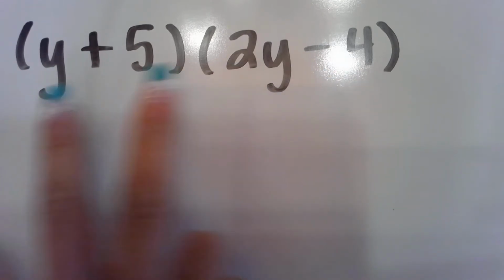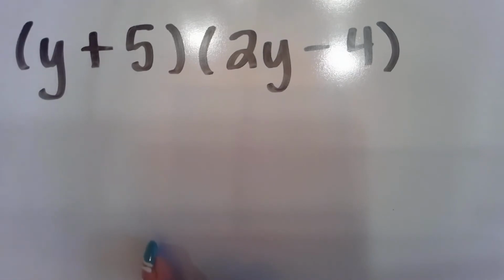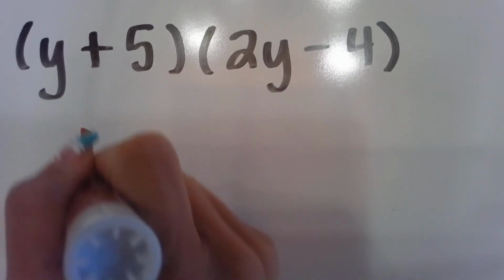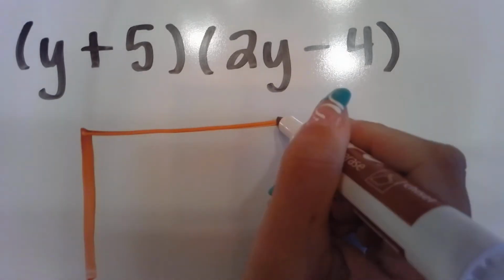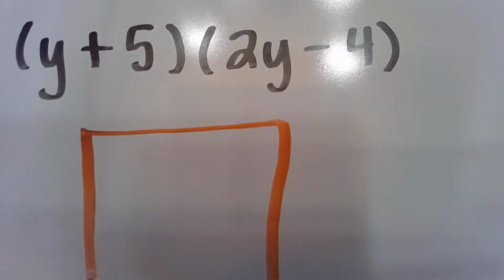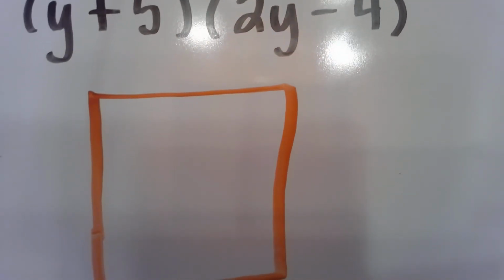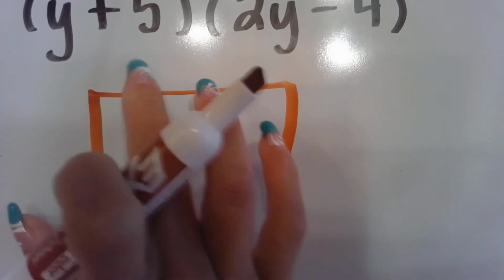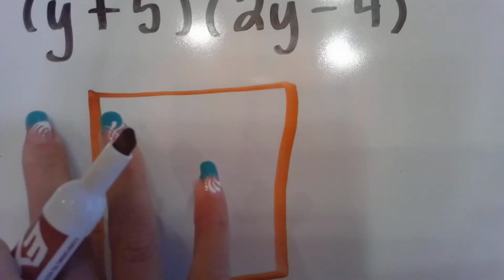Okay, so I have a binomial and a binomial. So I'm going to draw my box. And I'm going to make sure that it is big enough that I can write in my two pieces here and here and here and here.